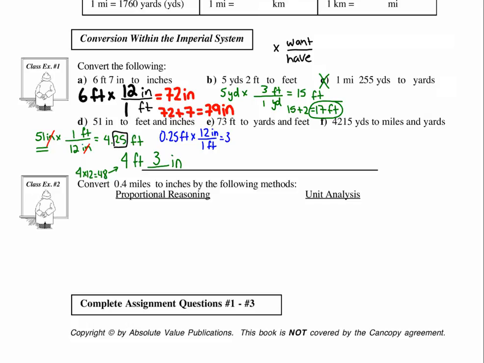Any questions? Yeah? So on an exam, in order to get full marks, would we have to show this? Or would we be able to just go 51 times 12? Sure. In any of them, we don't necessarily have to show. Conversions is such a minor part of this unit. I know we're spending a lot of time with it.